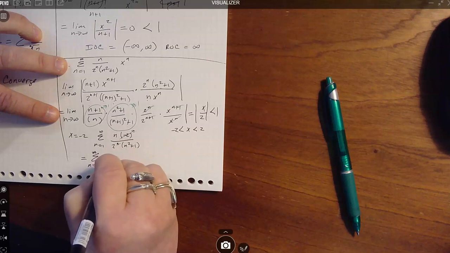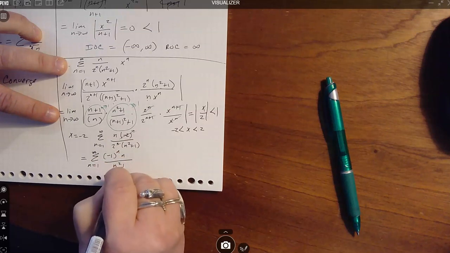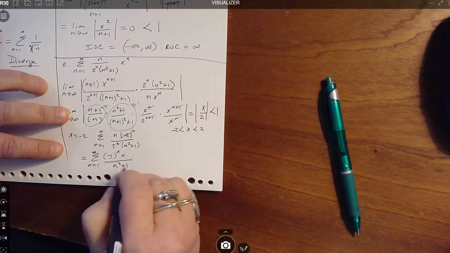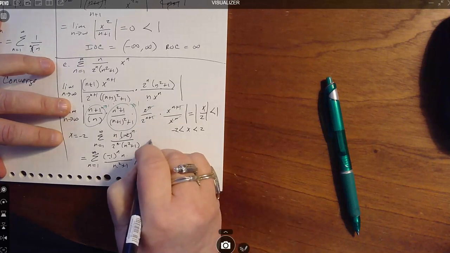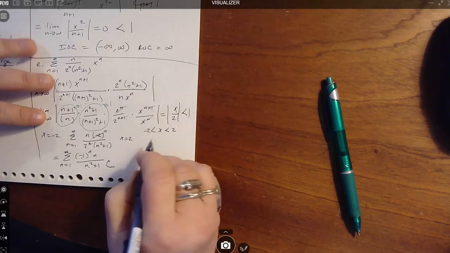I'm just left with (-1) to the n times n over n squared plus 1. So it's alternating, my p is equal to 1, so this will converge. I'm sorry, I'm cramming this all in here.